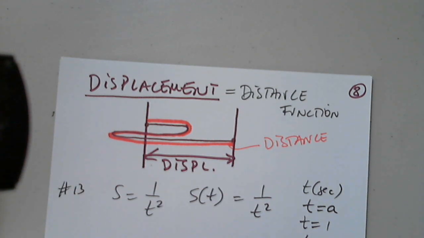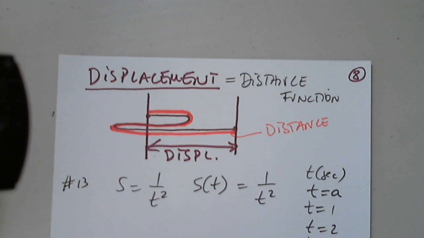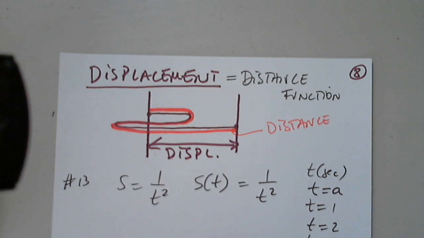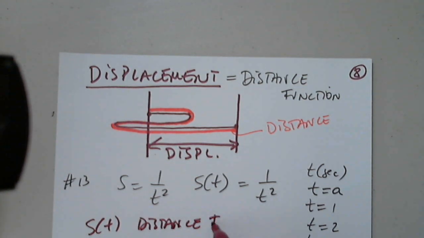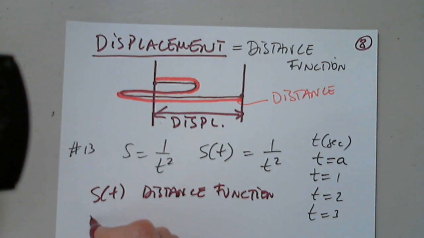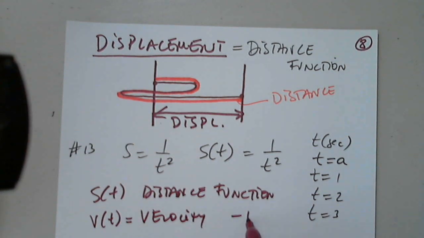So now let's establish the relationship between distance and velocity. If I am given the distance function, s of t, what is the velocity? What does it represent? How do I determine the velocity function? The derivative of the position.